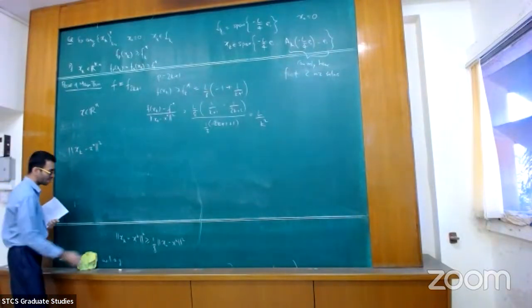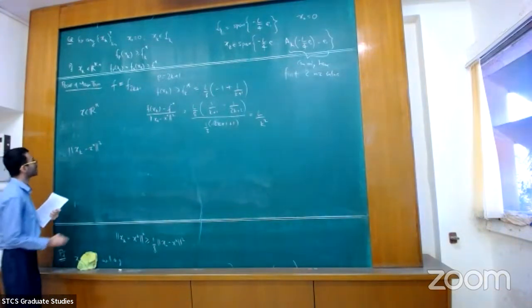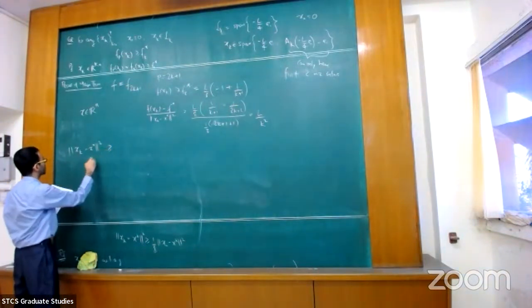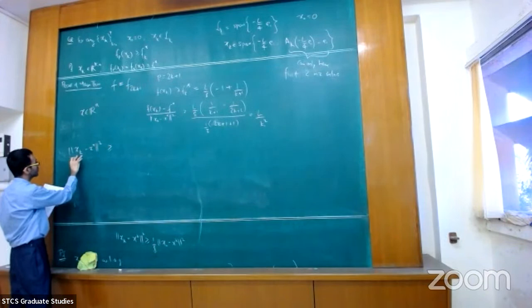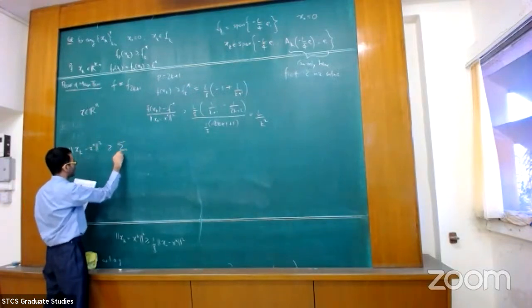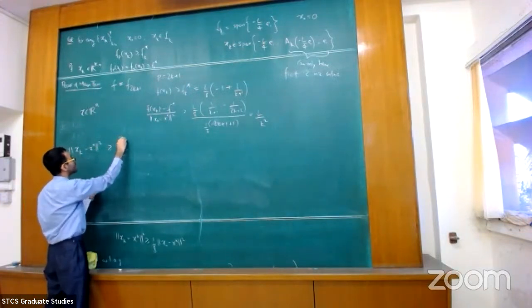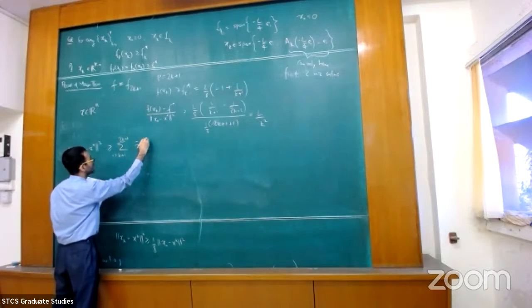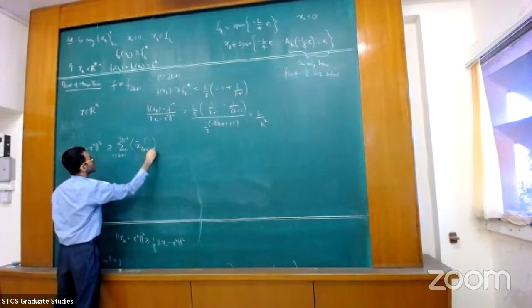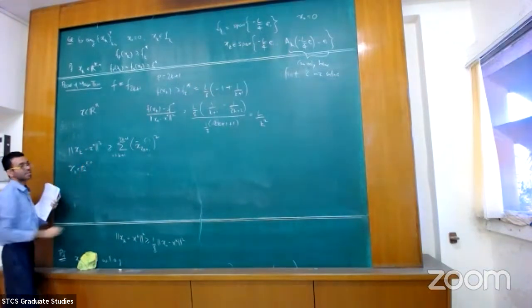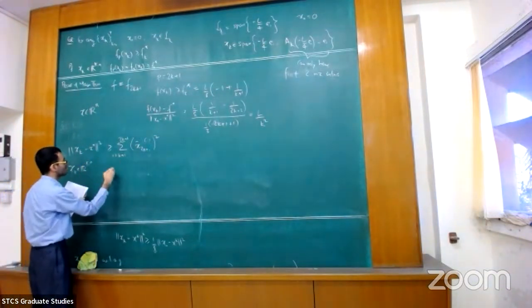Okay, so now let's try to lower bound how far we are from the optimal point. Notice that at best you can get the first k coordinates matching, right? So this will always be at least the sum over the other coordinates, x bar_i squared for i from k plus 1, because x_k is zero there.